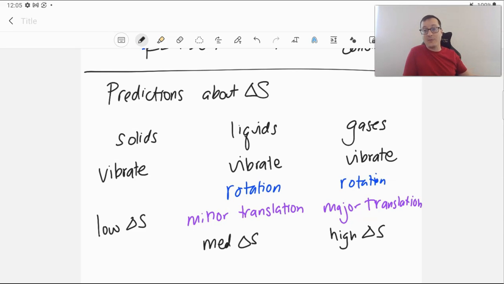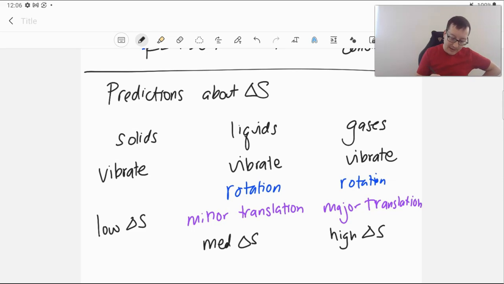They're able to move in all the different ways, and they have a ton of microstates associated with them. For water molecules, it's like, yeah, I'm over here, you're over there. We can kind of move around each other a few states. But for gases, I can be here, here, here, here, and so on. So we have a lot more options available to us in the gas state. So generally speaking, gases have the highest entropy of our states of matter.